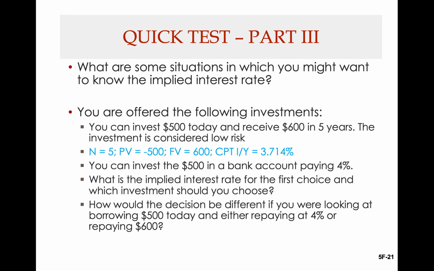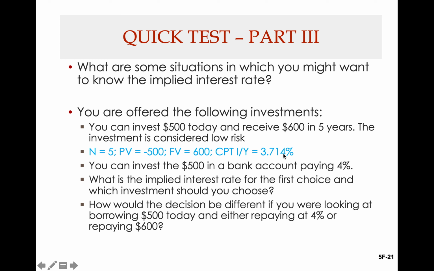financial calculator. So if we use our financial calculator, we use the number of years or number of compounding periods as 5, present value negative 500, future value 600, press the interest rate. We want to compute the interest rate. We get 3.714%.